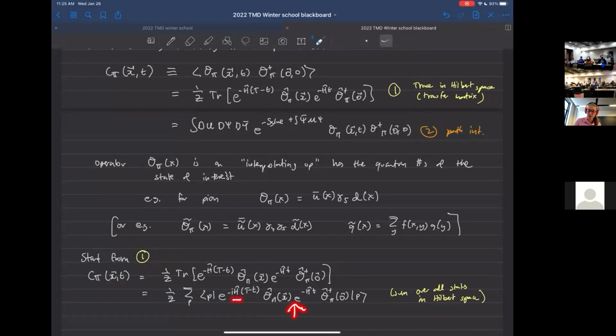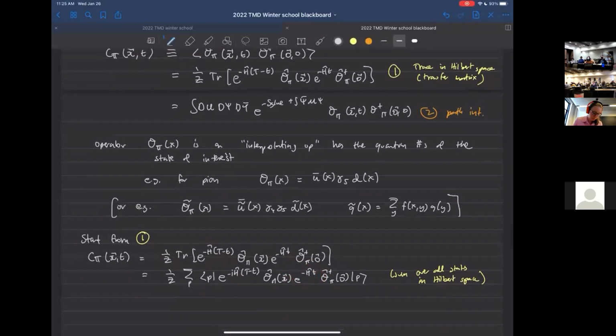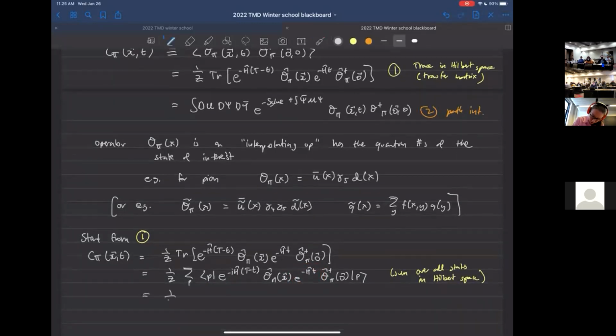We will then have this H act on that state there to pull out the energy of that state. When we insert another complete set of states here, this Hamiltonian will be able to act on those states to pull out those exponentials of the Hamiltonian, to get rid of the operators and get just energies, just numbers, back into these expressions. So inserting that complete set of states, let's write it out like this.